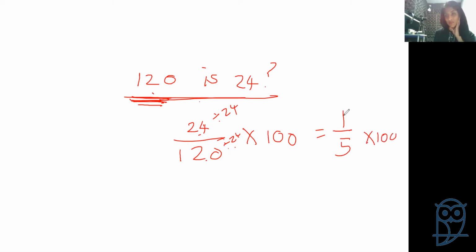So 1 over 5 times 100, and then 100 divided by 5 will give us 20%. Okay. Are we good with that?